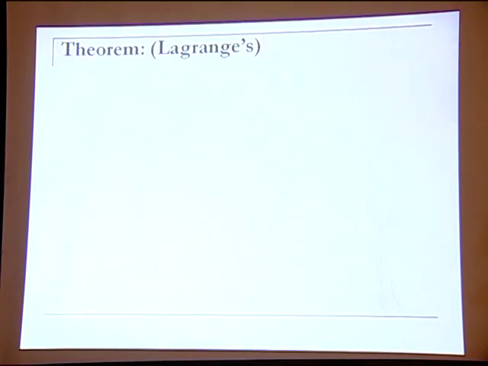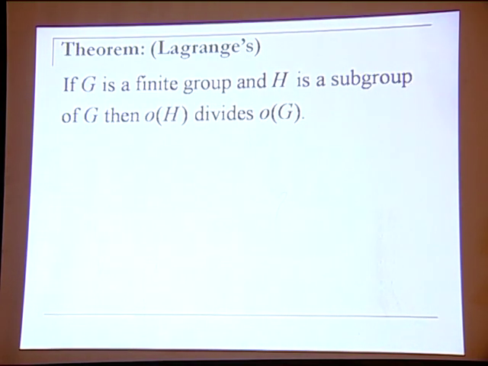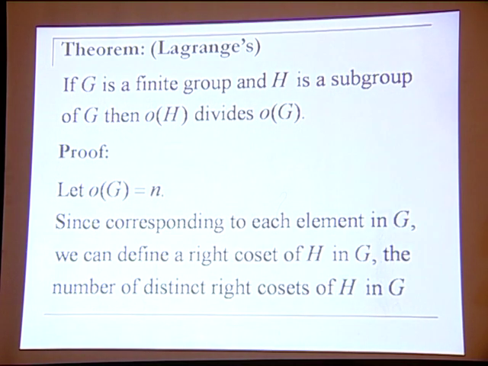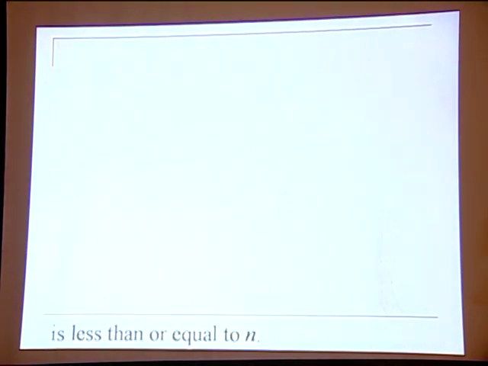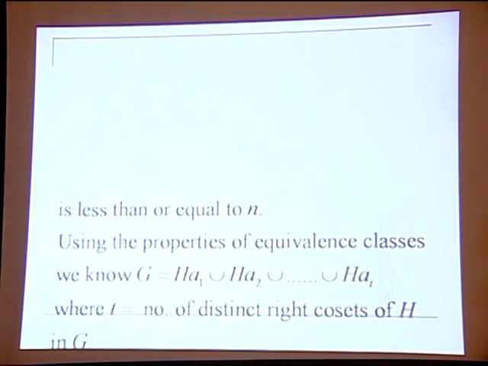What does Lagrange's theorem state? If G is a finite group and H is a subgroup of G, then order of H divides order of G. So, if order of G is n, then corresponding to each element of G, we can define a right coset of H in G. The number of distinct right cosets of H in G is less than or equal to n.